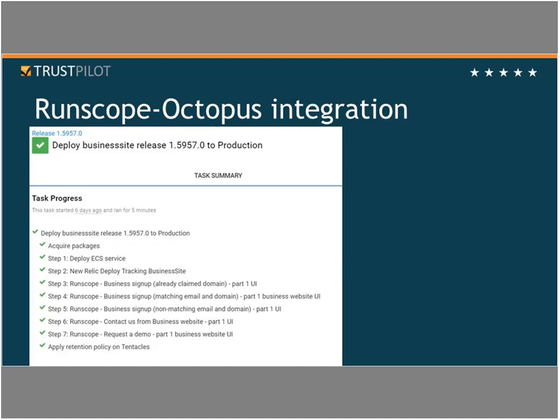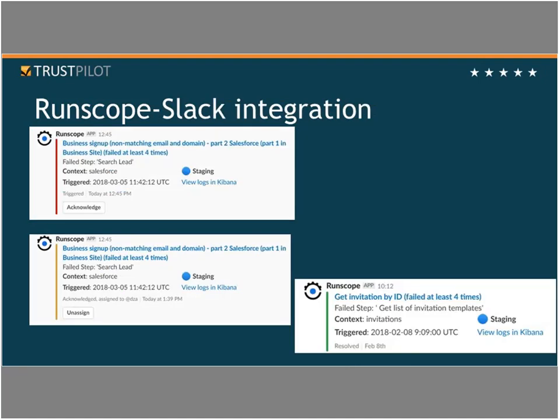Okay, and then Runscope also has Slack integration. Runscope has a native Slack integration. The one you see on the screen is not native. We expanded it a little: if you look at the pictures on the left, there are two buttons, acknowledge and unassigned.